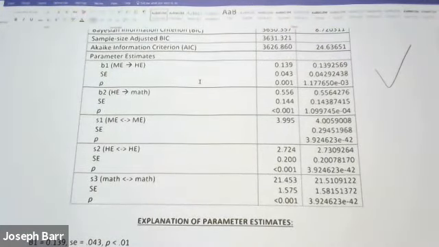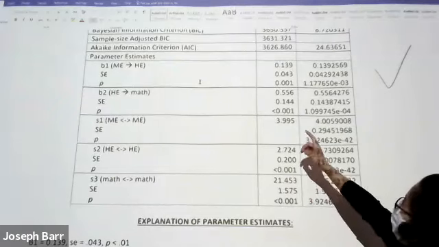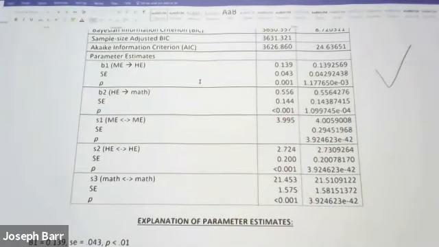So we have 2 software. The estimate for B1, the estimate from ME to HE, the estimate here, the standard error here, the p-value here, and for R, they also provide the values to do some comparison. This value is really close to this value, the standard error, p-value.